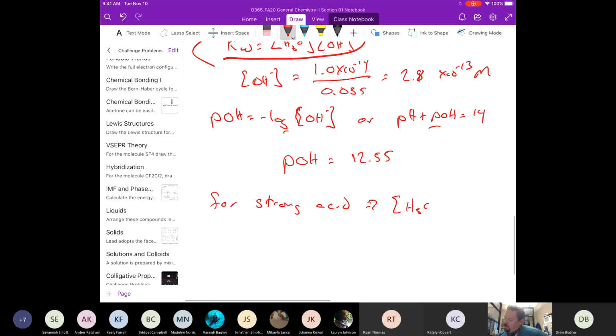The H3O plus concentration is going to be equal to the original acid concentration. So the HNO3 concentration has to be equal to the 0.035 molar because it completely dissociated, and it's a strong acid. If it was a weak acid, then we would have to solve a weak acid problem, which we will talk about on Thursday.